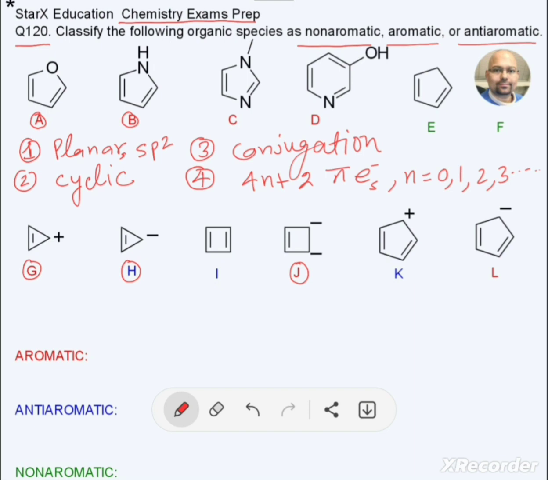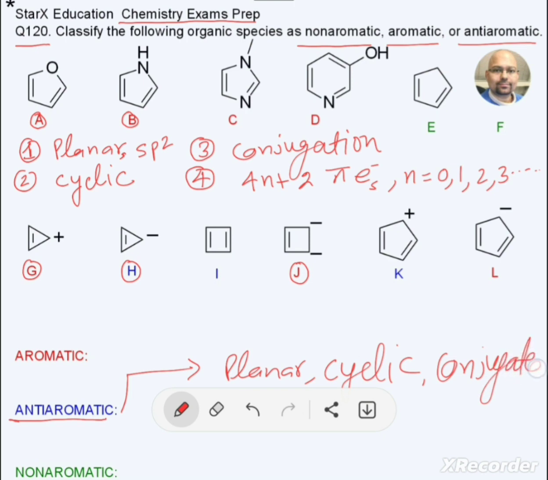So now, what is anti-aromatic? Anti-aromatic is similar to aromatic in three conditions. Anti-aromatic compounds are also planar, they are cyclic, they are conjugated, but the pi electrons here are 4n.